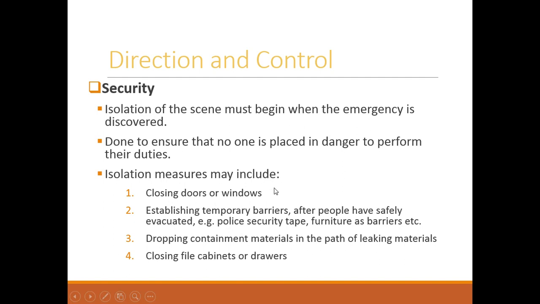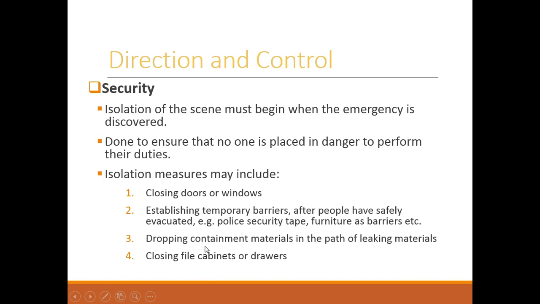Remember, what you're trying to do is contain the hazard. You may want to establish temporary barriers after people have been safely evacuated. For example, when the emergency is on a larger scale, you may find police security tape. That's that yellow tape they would use to bar off scenes of an incident. If it's an organization, you may want to use furniture as barriers. So these are just a few examples.